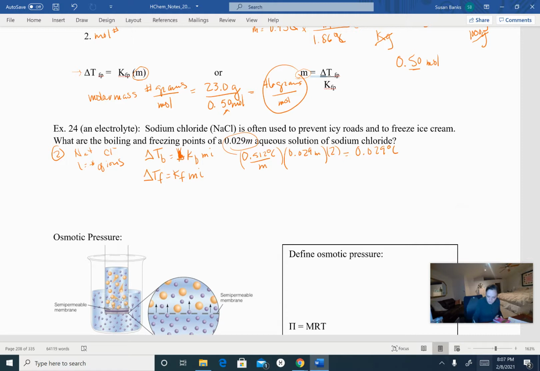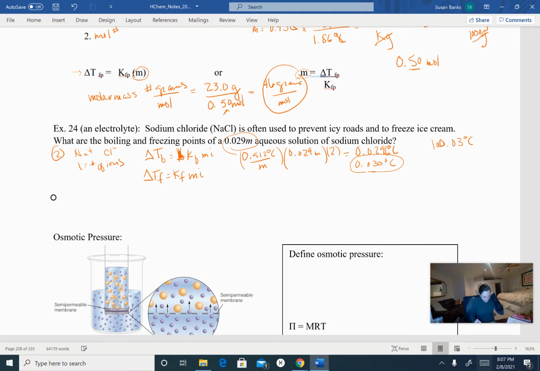So that would actually be a 6, so let's round it up. So the boiling point is just going to go up about 0.03 degrees Celsius. So we would expect our new boiling point to be 100.03 degrees Celsius. So not a big change.